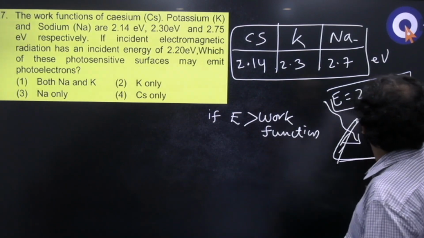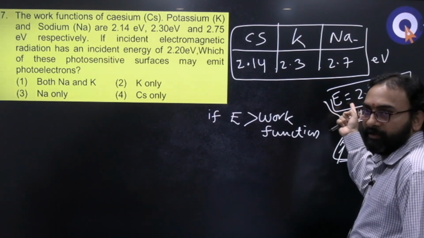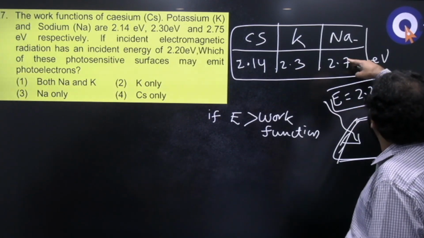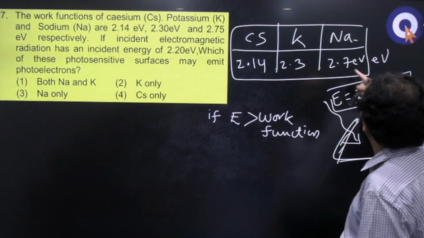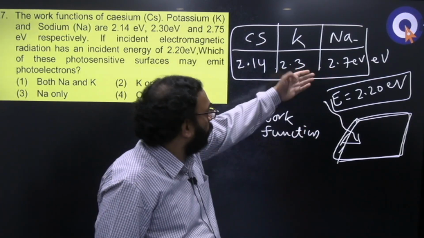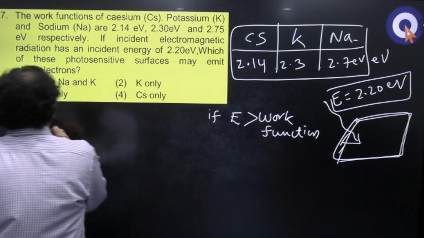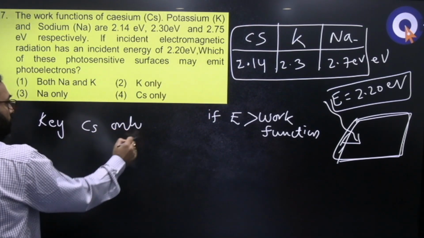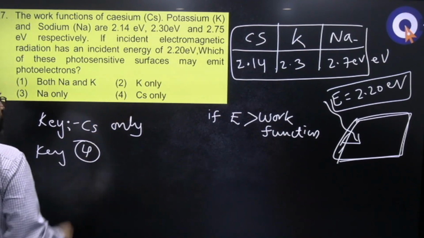See here, the energy is 2.2 eV and 2.14 is less, so the energy is more than the work function. For potassium it's higher, so this energy is insufficient. For sodium 2.7 eV, this energy is insufficient. The energy 2.2 is not sufficient to eject an electron. The work function itself is 2.7, so the energy should be more than this. So option 4, cesium only.